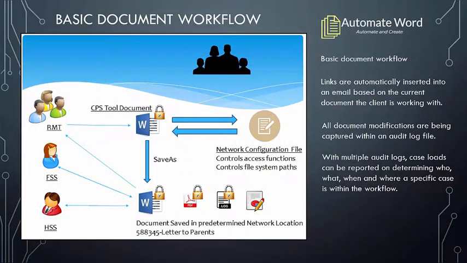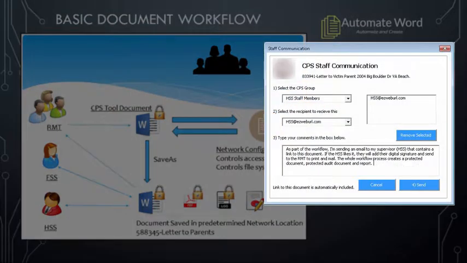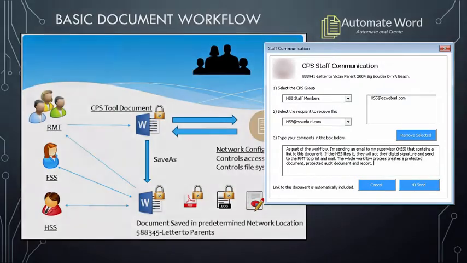As the FSS performs their changes, for example, maybe changing the header, adding some clip text, or inserting their own signature, in turn, they email the HSS with a link on the network location where the specific document lives on the network. All of this is happening while every action is being captured within the log file.